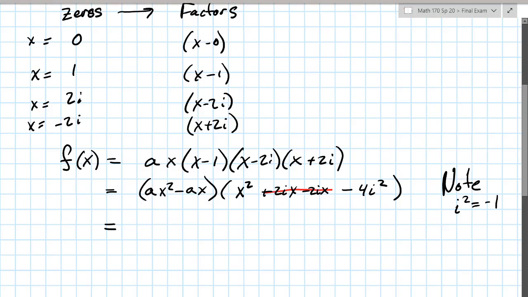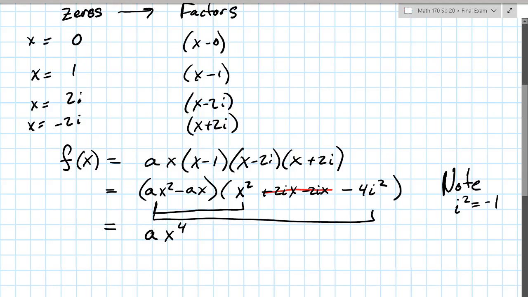So now I'm going to distribute and get ax to the fourth plus 4ax squared. Notice I left a space here for x cubed terms if I have any. Then that is going to give me a negative ax cubed, and then the lasts, that's a positive 4ax.